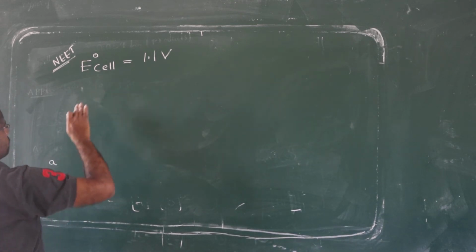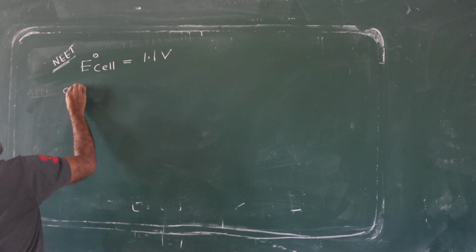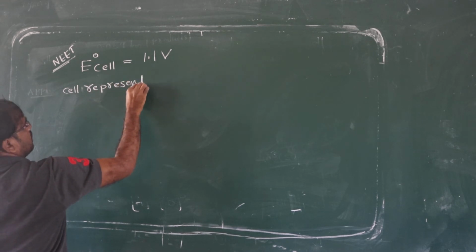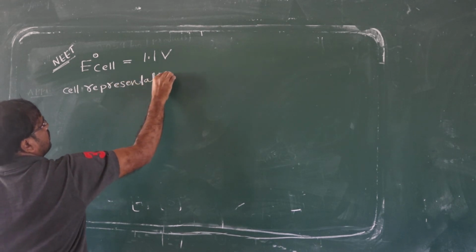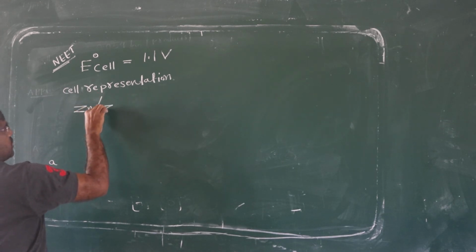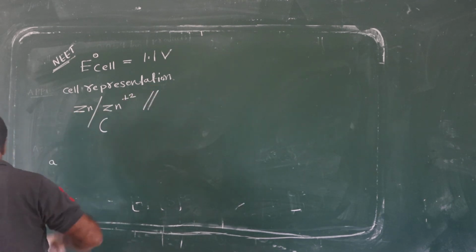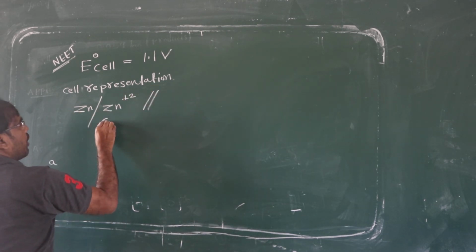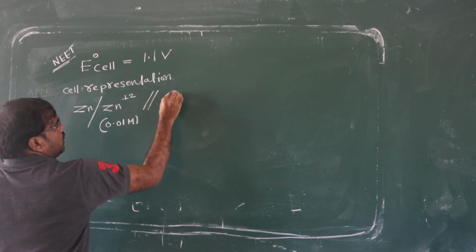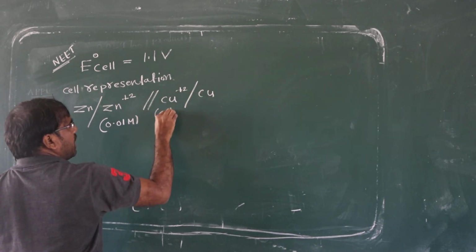Next, they give the cell representation like this: Zn/Zn plus 2, its concentration 0.01 molar, and Cu plus 2/Cu, its concentration 0.1 molar.